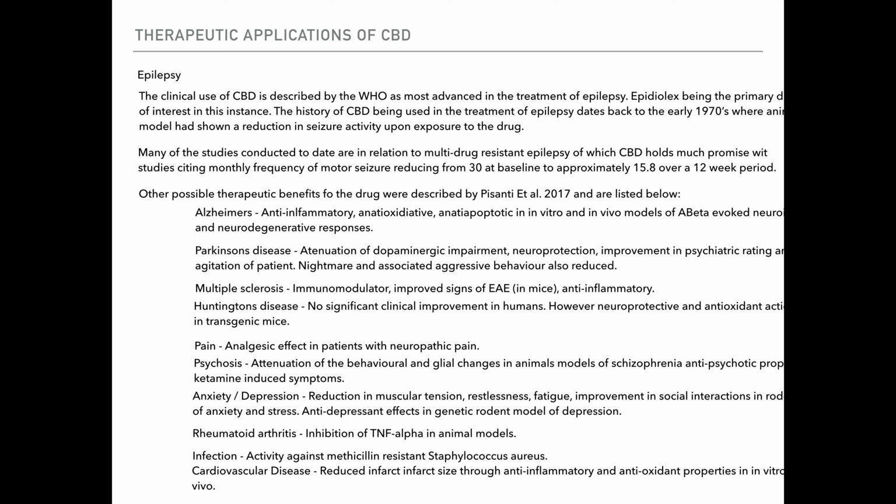So it is something that could be recommended for acute anxiety and stress, given that you're able to equip the patient with the information that they require should they not feel any great benefit from using CBD. As I mentioned, in rheumatoid arthritis, CBD does inhibit TNF alpha in animal models.